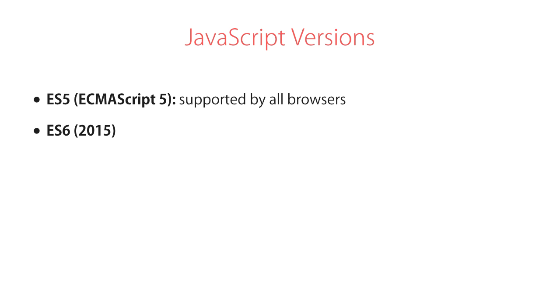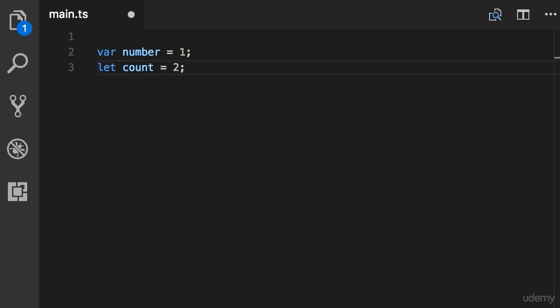And from that point, the ECMAScript team, which is the team extending JavaScript, decided to use the year number instead of the version number. So we have ECMAScript 2015, 2016, and 2017. Now in ECMAScript 2015, which is basically ES6, we also have this let keyword.